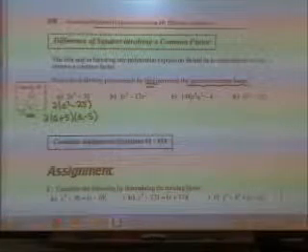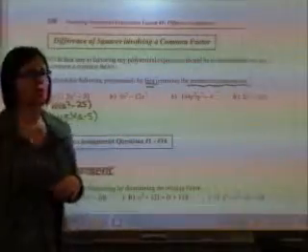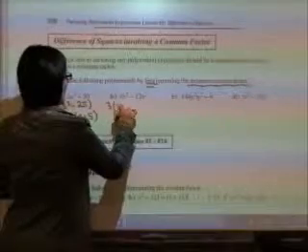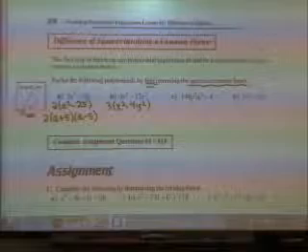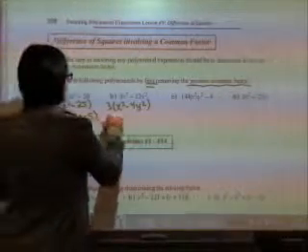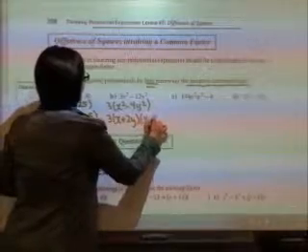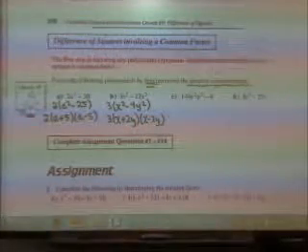So if I look at B, it is a difference, but these are not square numbers, so I'm going to factor out a GCF, which is 3. And I get x squared minus 4y, which are now square numbers. I can work with this. So I get 3 times x plus 2y and x minus 2y. Now C is a tricky one.